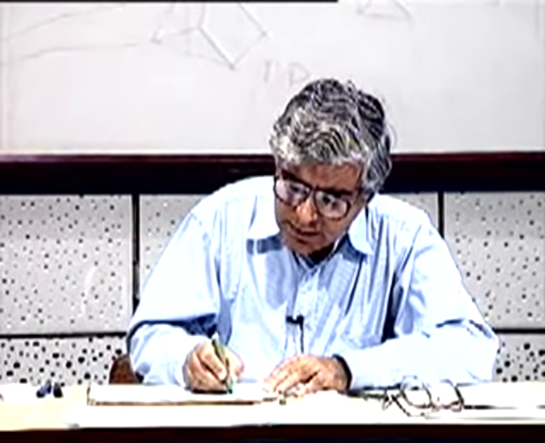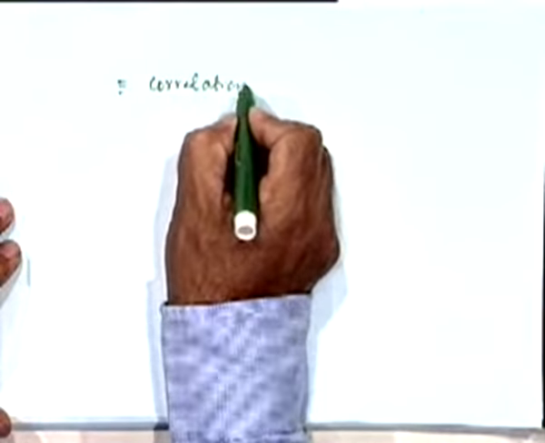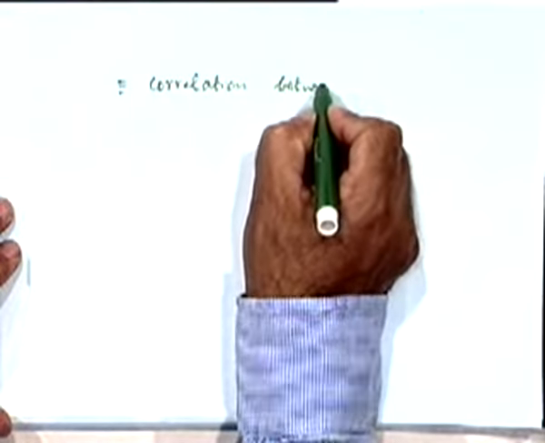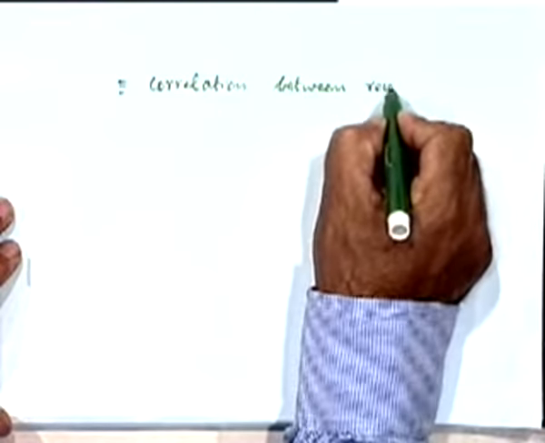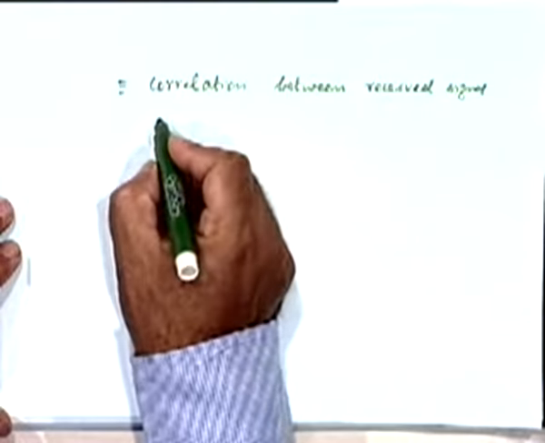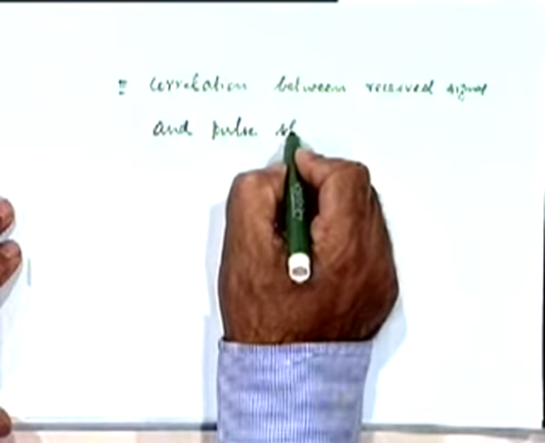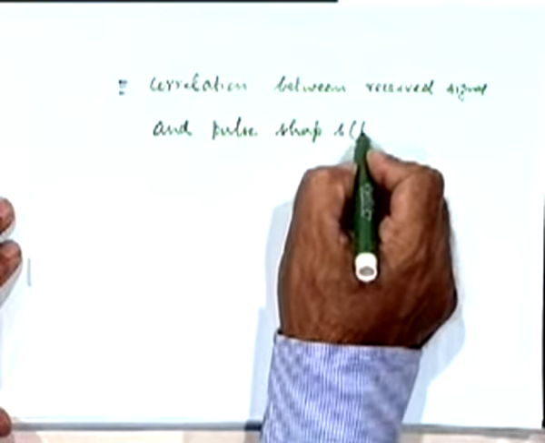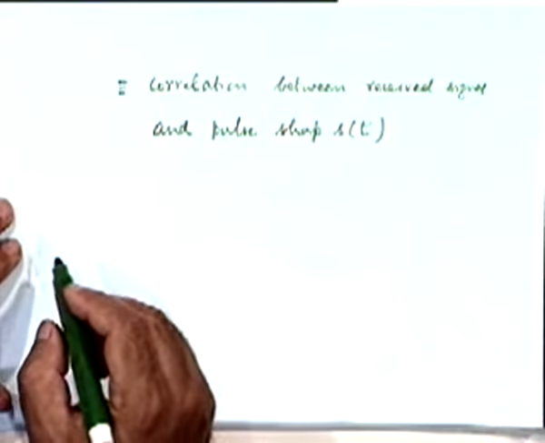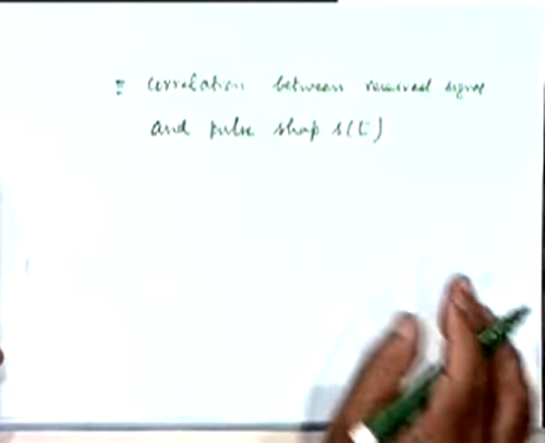So this is nothing but the correlation between the received signal and the pulse shape s(t). So basically the matched filter helps you to calculate this correlation.